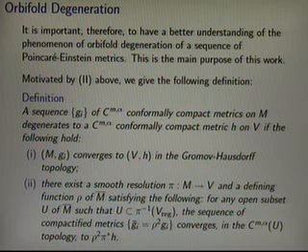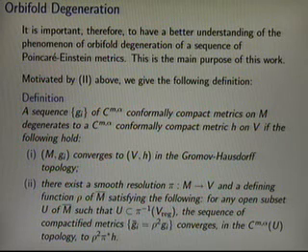So a sequence g_i of C^{m,alpha} conformally compact metrics on M degenerates to a C^{m,alpha} conformally compact metric H on V, where V is my orbifold, if the following hold. The first, you have Gromov-Hausdorff convergence. And second, there is a resolution pi and a defining function rho satisfying the following.